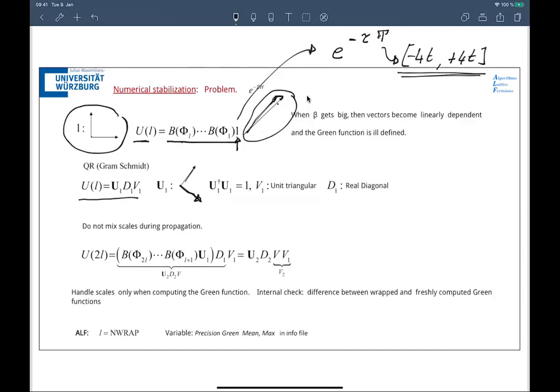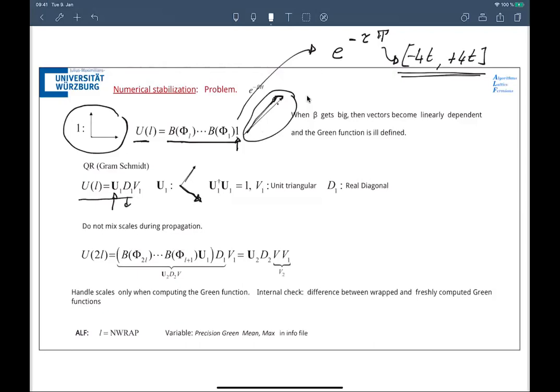Essentially, my U of L is equal to a U1 D V1. U1 is again an orthogonal matrix, or unitary matrix in this case. D is a diagonal matrix which takes all the scales, so it has very big numbers and then very small numbers. It's just diagonal. And V1 is a unit triangular matrix. This is how you would do it.